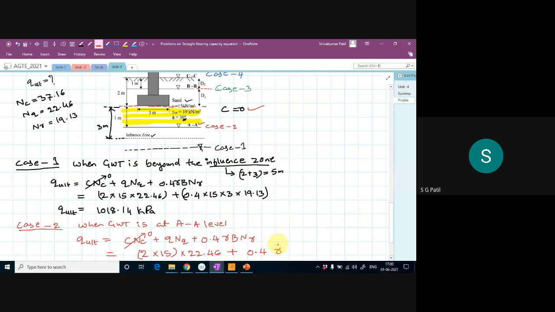I will calculate this double prime later. Gamma double prime into B, B is 3 meter, into N gamma, N gamma is 19.13.